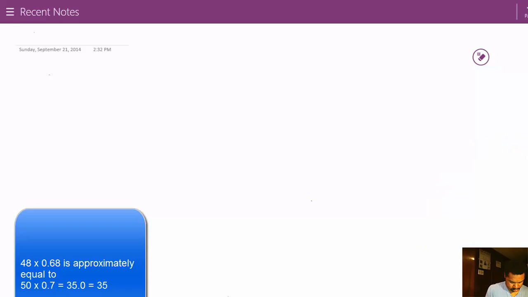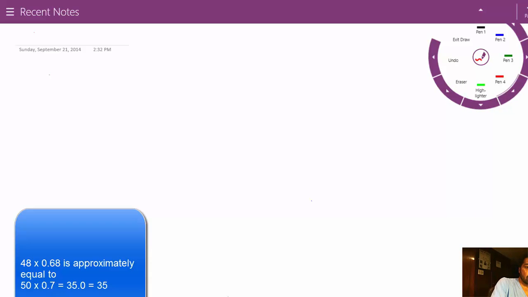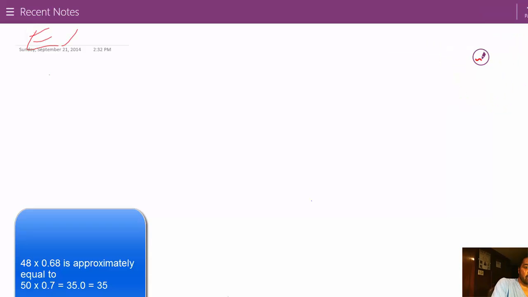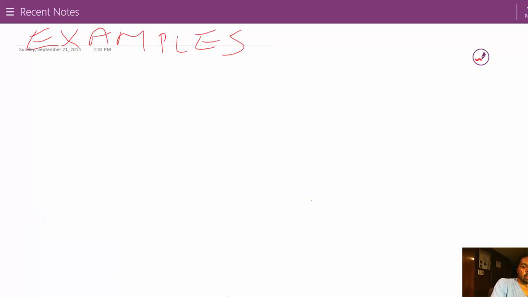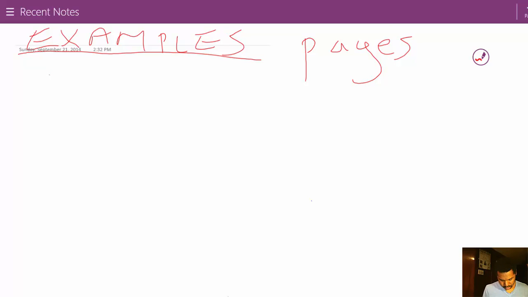So we're going to use the method in our textbooks. We are going to turn to our textbooks and look at some examples on pages 72 to 73 of our textbook.